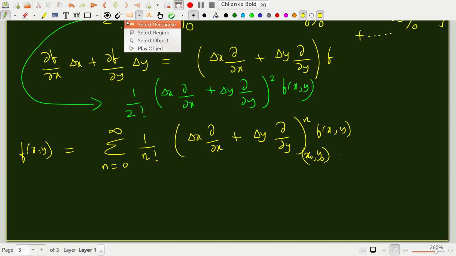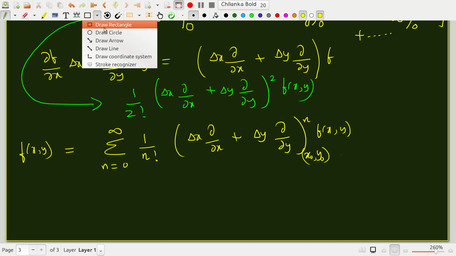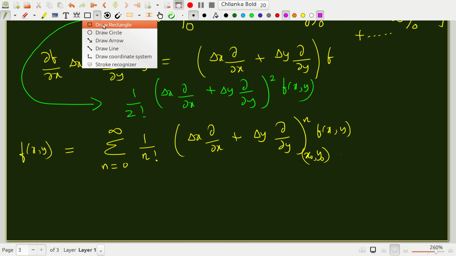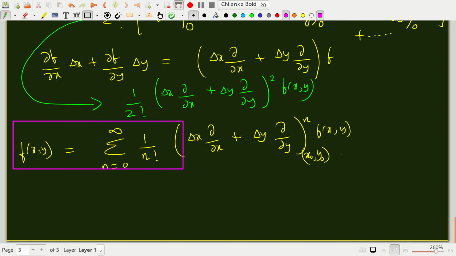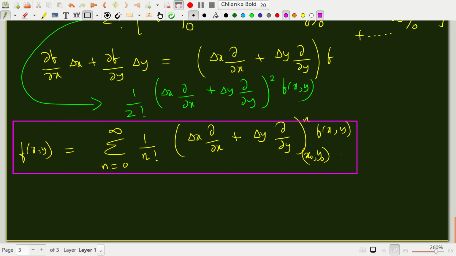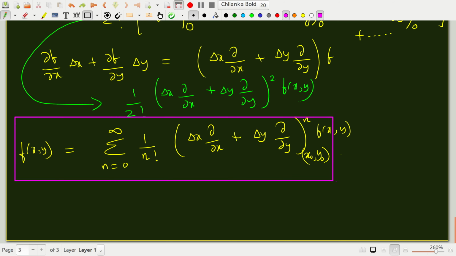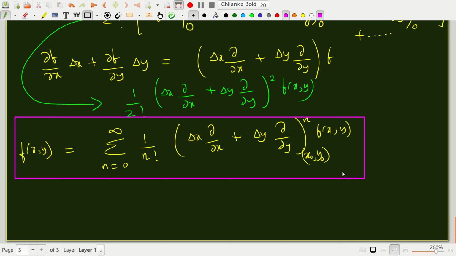Okay, let me just box this. This is a very important formula that's useful in many applications.